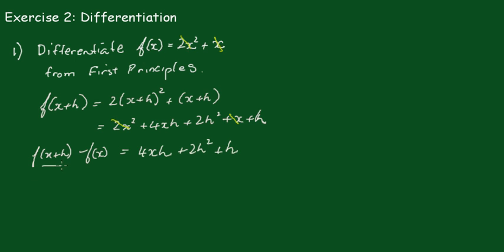Now we'll divide through by h, so we'll divide each of these by h, and that gives me 4x plus 2h plus 1.